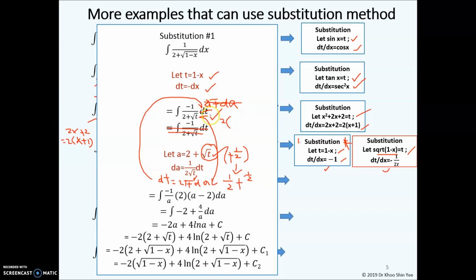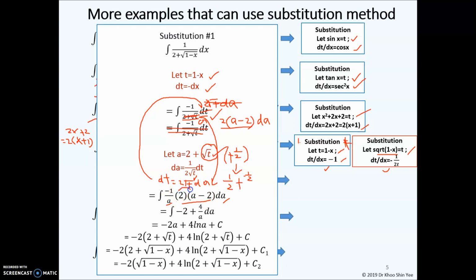So we get the square root t equal to A minus 2 and multiply with your dA. So the term here, we want to convert everything into A. The term at the bottom here is A. So negative 1 over A, which is this term. On the right hand side, you have 2 multiplied by A minus 2 dA. So we get into this form.